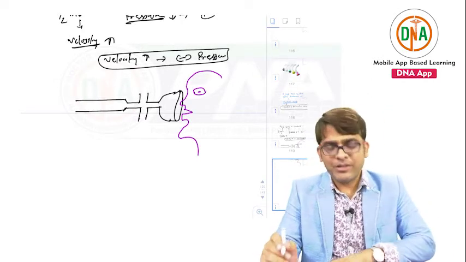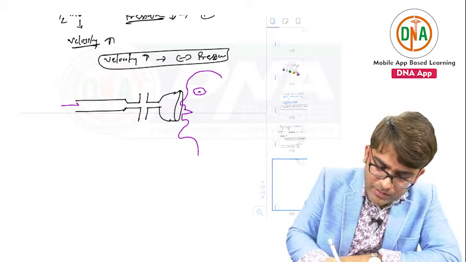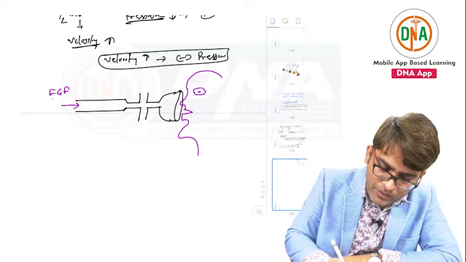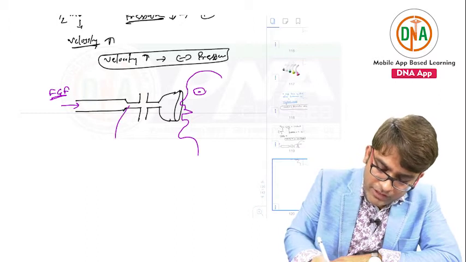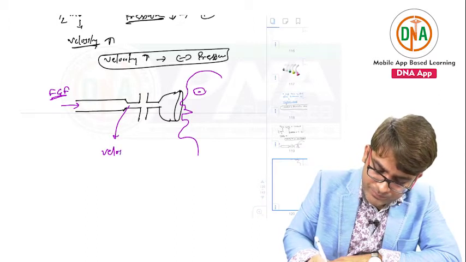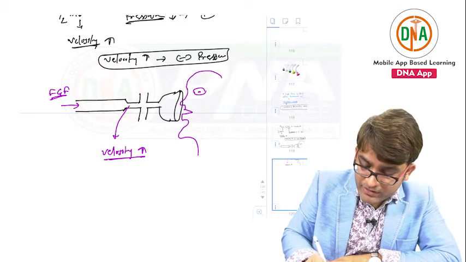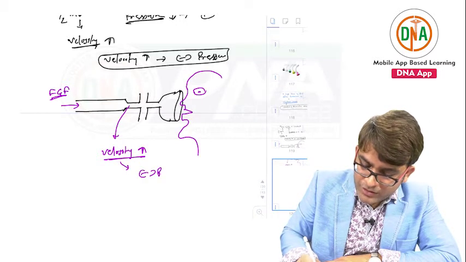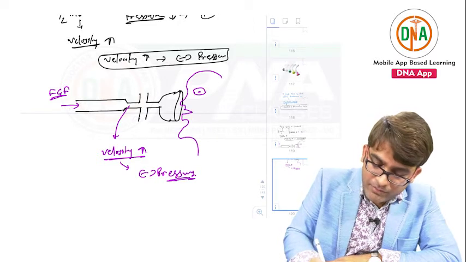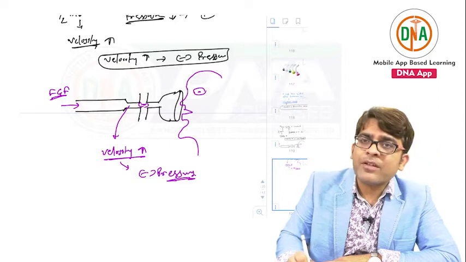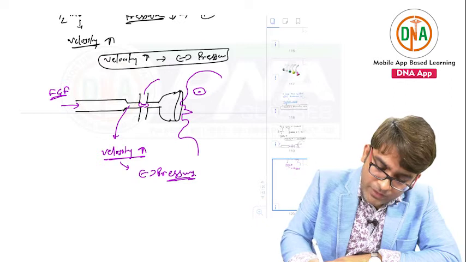What will happen? Just see. Actually, when you create a constriction in the pathway of phase gas flow, velocity increases here. When velocity increases, it will create a negative pressure. And when there is a negative pressure, it draws in the atmospheric air.